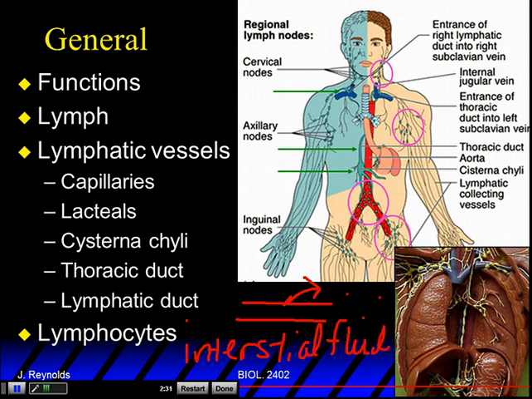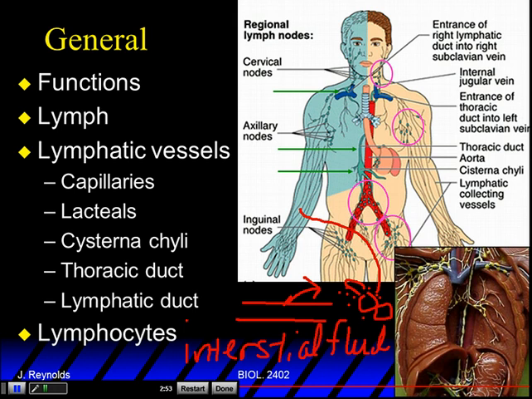Alright, so that's the fluid now that's out here in between the cells. Remember, there are cells out here, tissue cells, and that's the fluid around those cells. Now, that fluid has got to be removed because it would cause edema if it stays there, which alters the function of the cells.